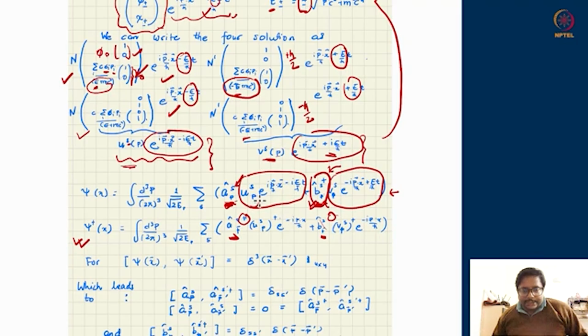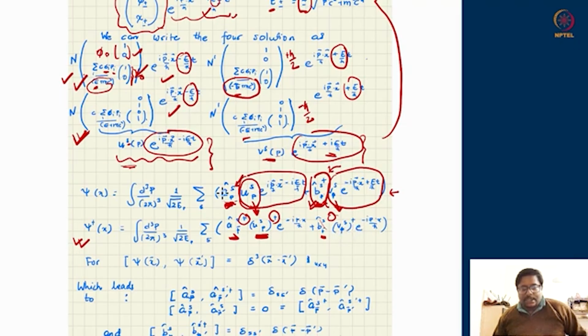And the cost is that this U_s(p), remember, is not a number now, it is a column vector, one of the column vectors, this or that, depending upon spin half or spin minus half. So when I take the dagger, it will become a row vector. Therefore it is not a star but a dagger. So I will get a U_s(p) dagger, and this thing was V_s(p), which becomes a dagger as well.